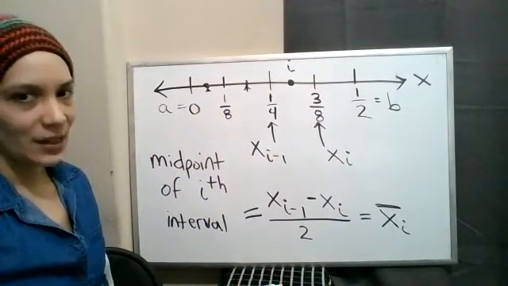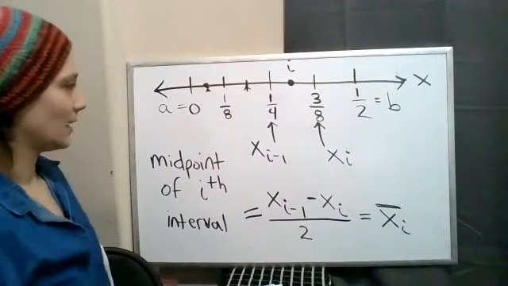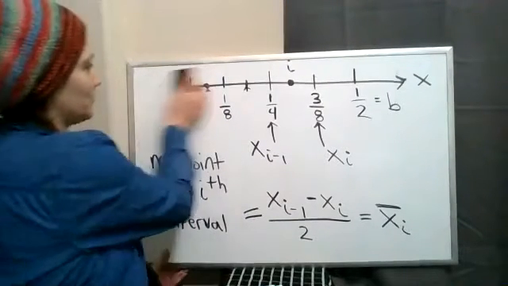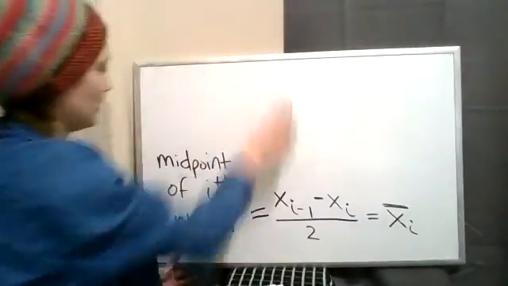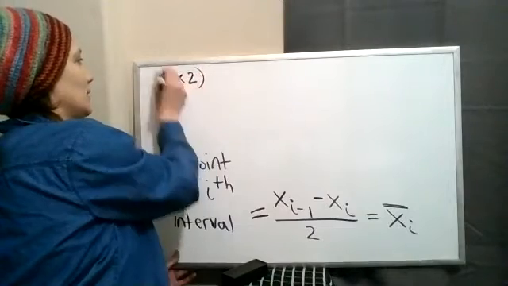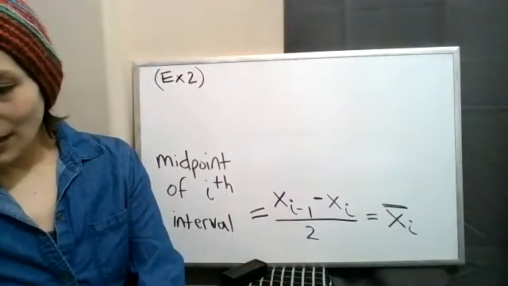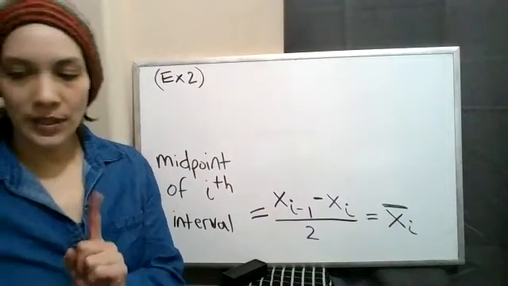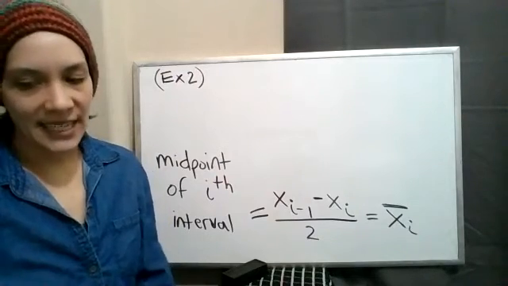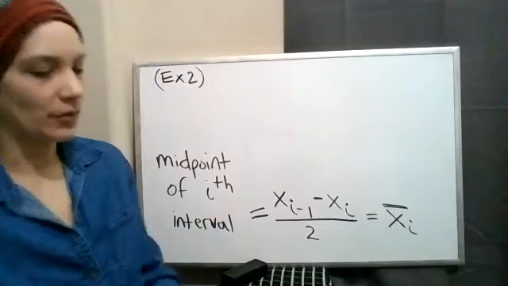Okay, I think we're going to go on to number 2. So we're going to use the midpoint rule with n equal to 8. We've got time.